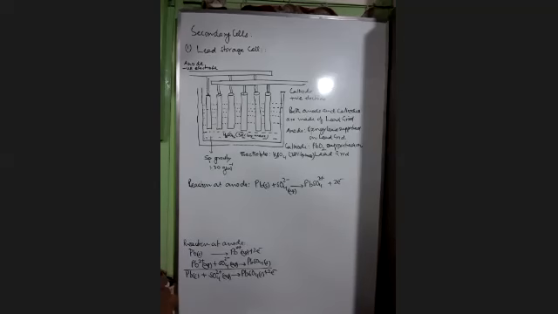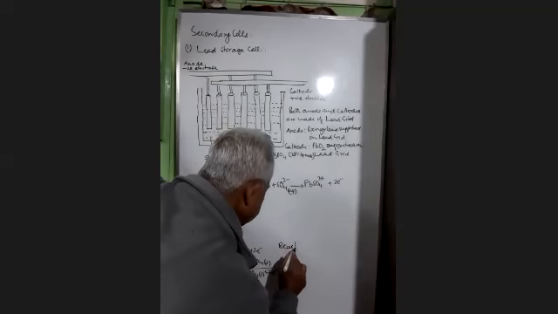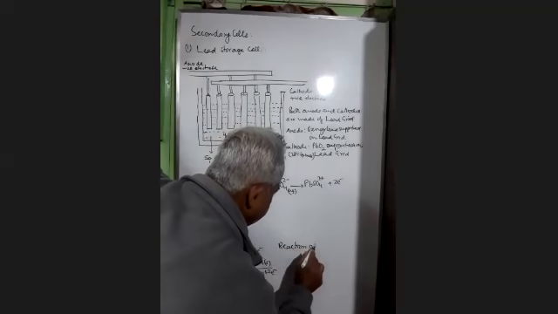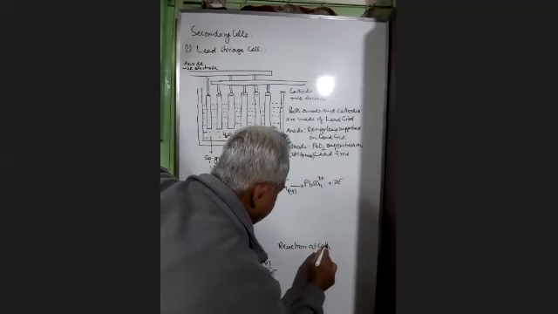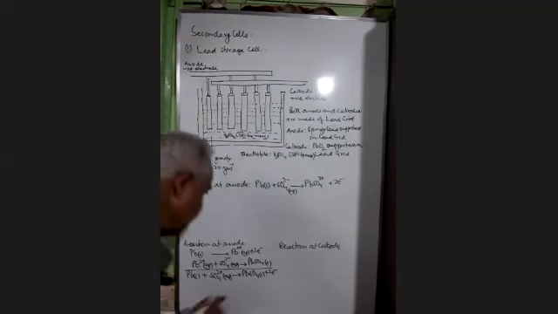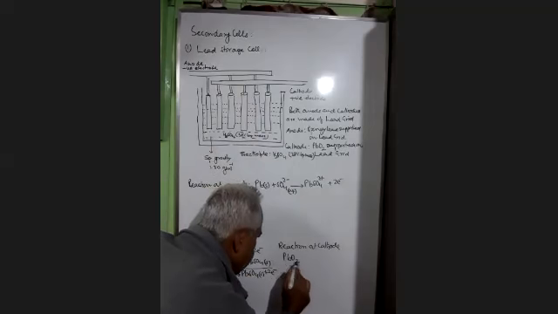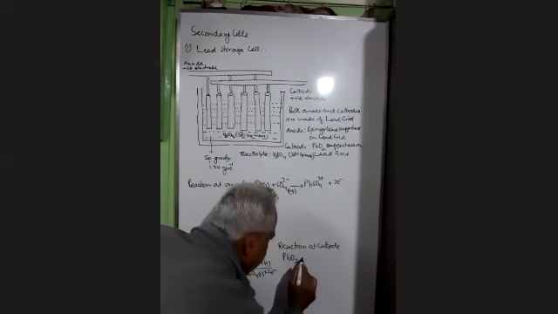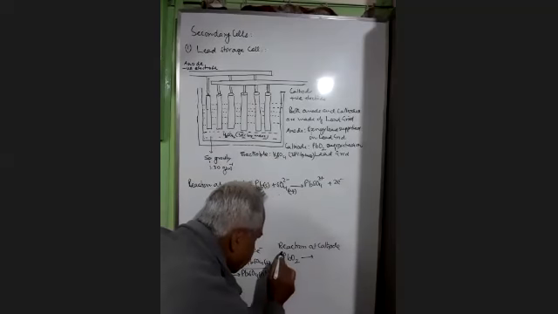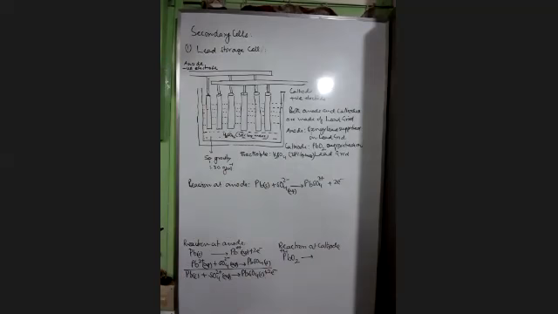Okay, now reaction at cathode. See here, PbO2 gives you, see here, oxidation state is +4. Please remember.